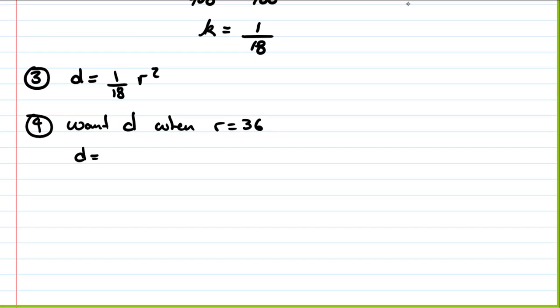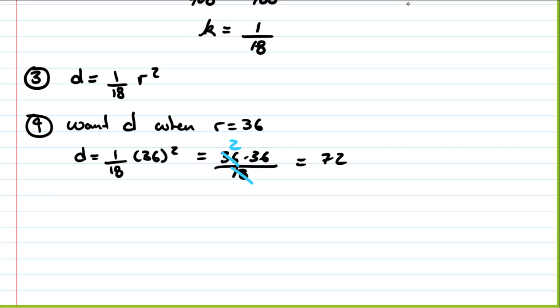That gives us d is equal to 1 over 18 times 36 squared. Well, 36 squared is 36 times 36, all over 18. So 18 goes into 36 twice, and 2 times 36 is 72. You don't have to do the arithmetic by hand. You can just type it into your calculator, and you'll get the same thing.